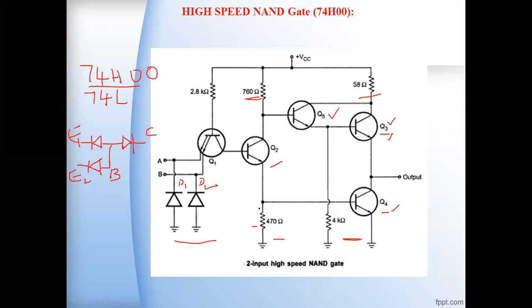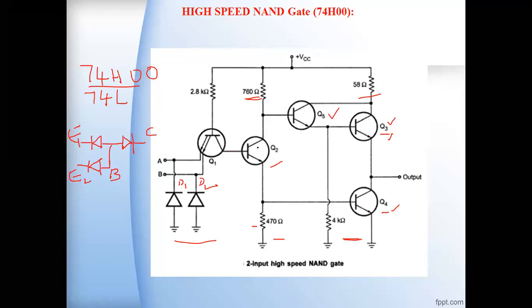And so here the transistor Q2 output depends on the transistor Q1. The working state of the transistor Q2 depends on the output of the transistor Q1, that is, the voltage at the collector terminal. The voltage at the collector terminal defines whether the transistor Q2 is in the on state or the off state.